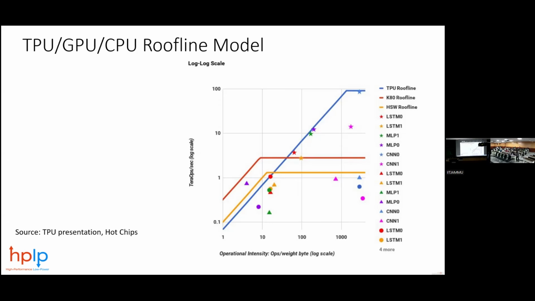And guess what? Kind of what I told you, the TPU happens to be in an ideal place because it has this very high compute capability, and at the same time, it has a lower memory bandwidth, and doesn't pay the price of the memory bandwidth.